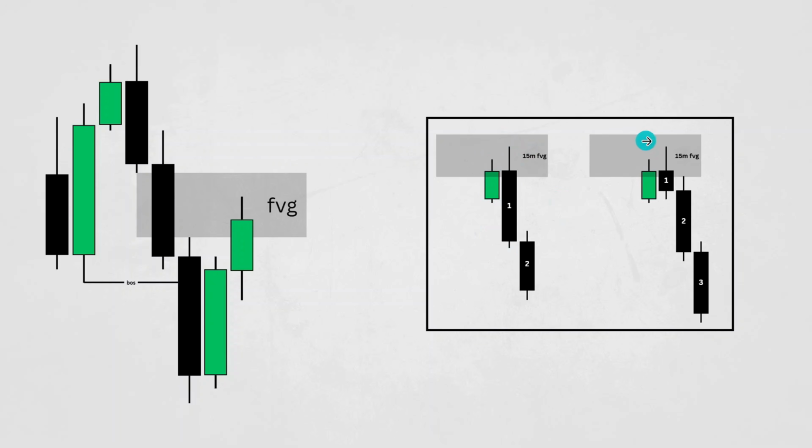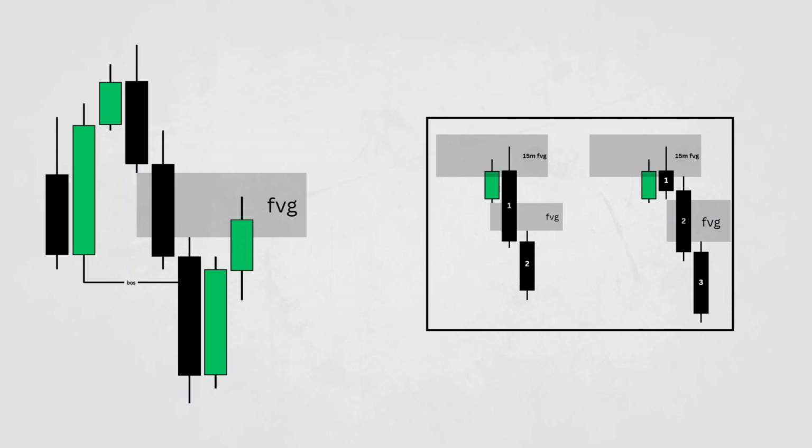And also in this example, price also displaced below this last bullish candle, leaving behind a fair value gap. Now this is where our entry would come. Our entry will come at this fair value gap, then our stop loss would be at this level and we'll just target a 1:2 risk to reward ratio.